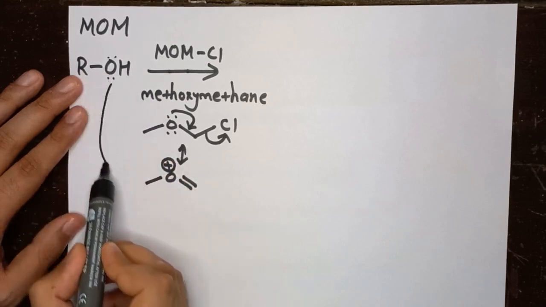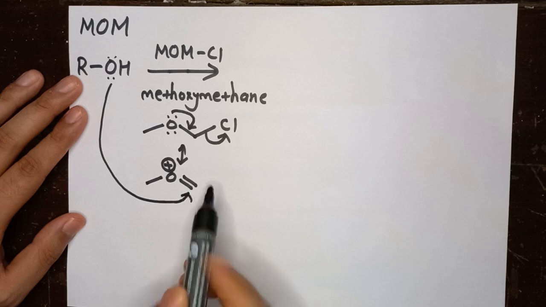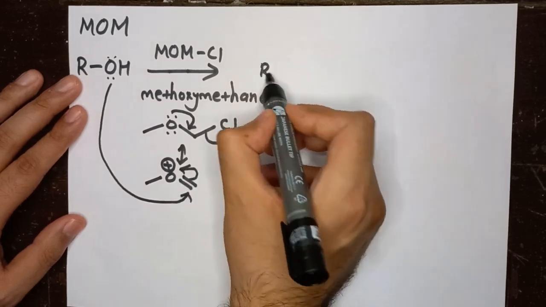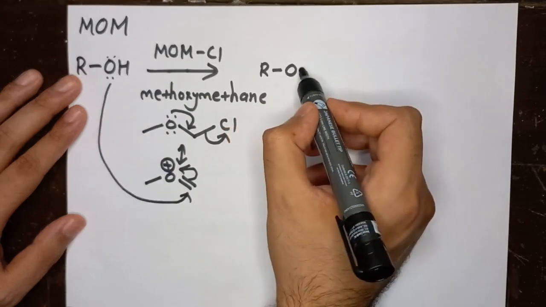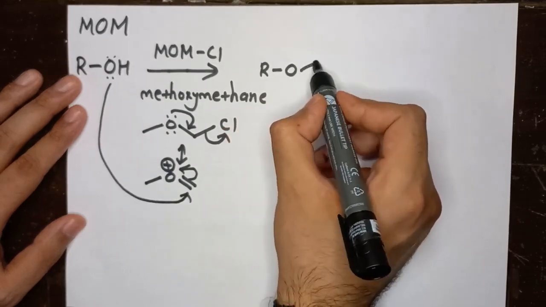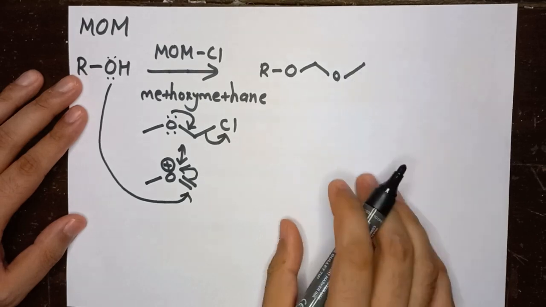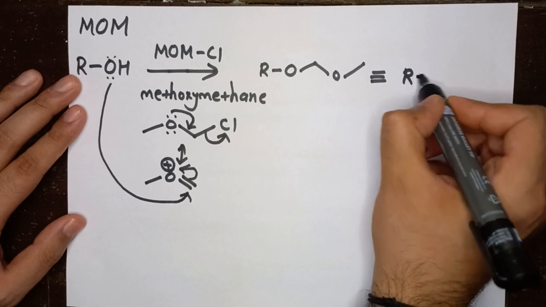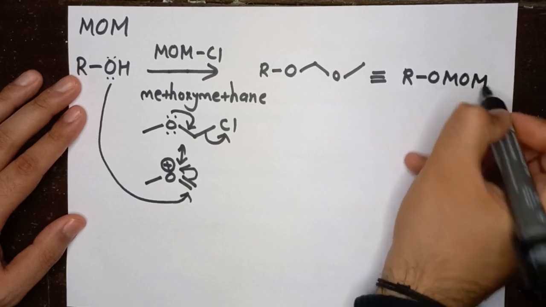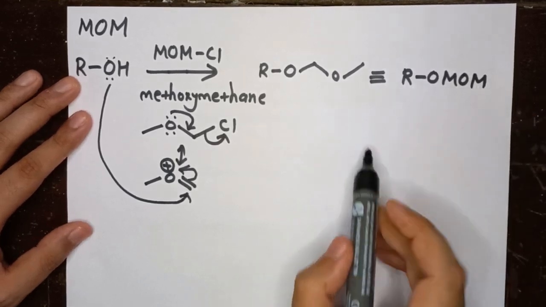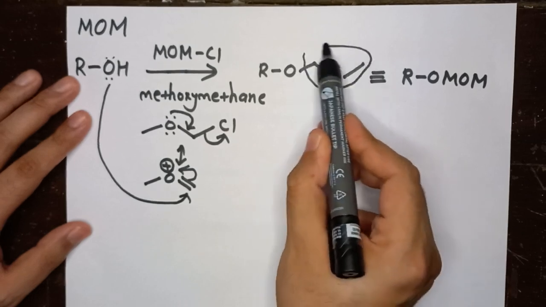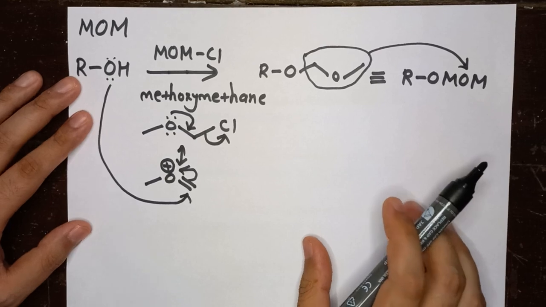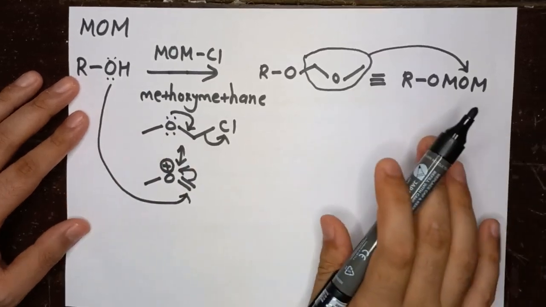So this oxygen lone pair will attack at this carbon and will neutralize oxygen, and you will generate RO CH2O CH3, and this can be represented as RO MOM. Okay, so this group is represented as MOM. So this is about protection.